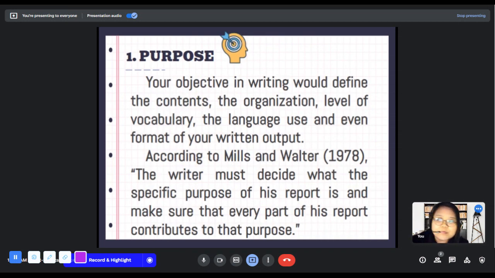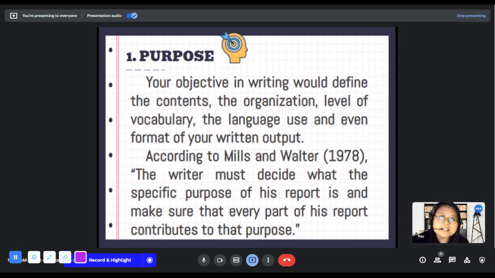Your objective when you are writing would define the contents, the organization of your thoughts, the level of your vocabulary, and the level of language you're going to use. Here, you have to follow simplicity.